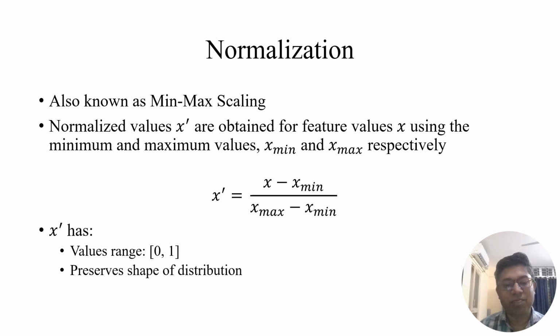In other words, this x prime scales my features in the range 0 to 1, and it preserves the shape of the distribution, unlike standardization. So whatever be your initial feature distribution, your normalized distribution will have the same shape as the original features.